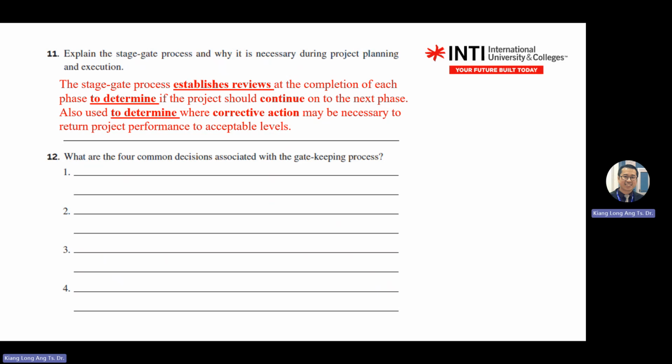There are four decisions at the gate. Four decisions. First one, proceed without changes.